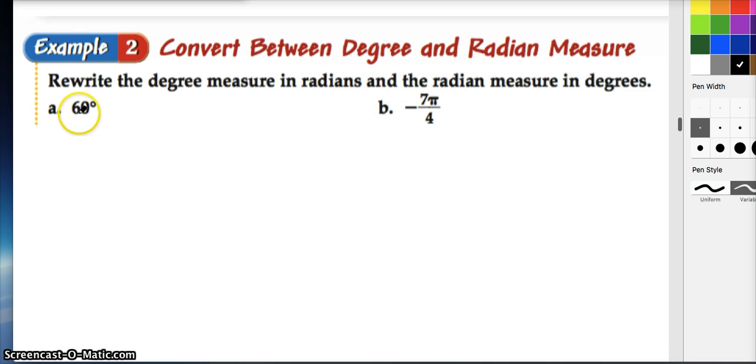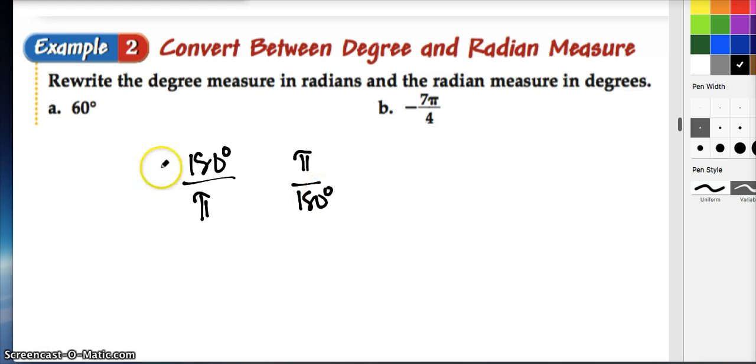In example 2, we're going to rewrite the following measures from radians to degrees and degrees to radians. So we're starting off with degrees here, and we have two, I'm going to call them conversion factors. That's either 180 over pi or pi over 180. And the way we change it is we say if we're starting with degrees and we want to go to radians, we've got to use this one. We need the degrees at the bottom. So I'm going to multiply 60 times pi over 180.